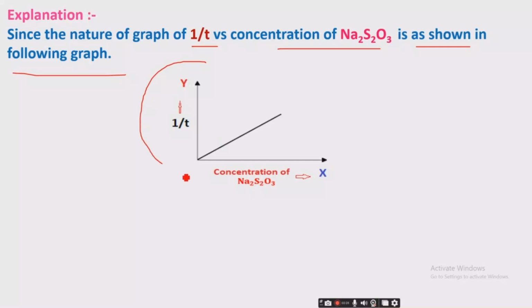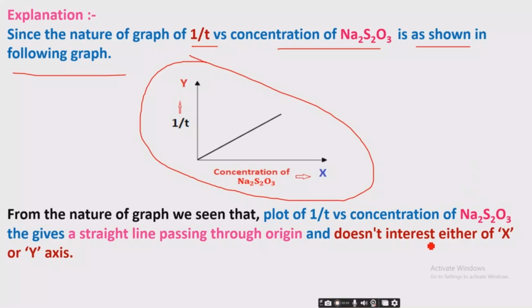By observing this graph, we have to understand that the straight line is passing through the origin and it does not intersect either the x or y axis.